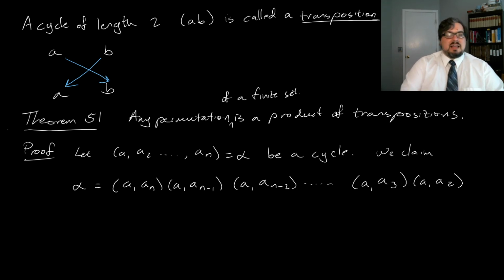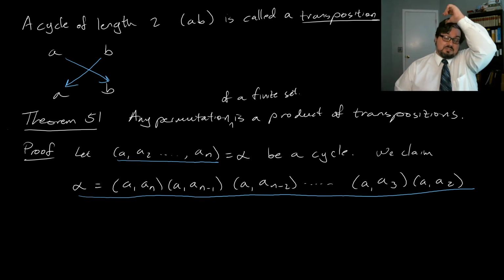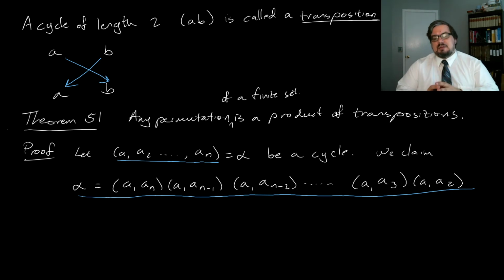So we're going to claim that this is a way of describing the cycle (A1 ... AN) as a product of transpositions. We're not making any claim about uniqueness here, and in fact, the decomposition of a permutation into transpositions is highly non-unique. We're just trying to show that it's possible to do it.